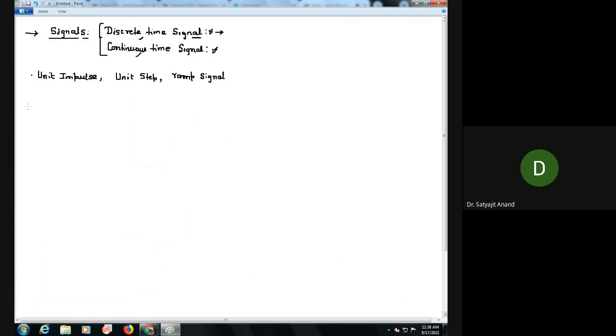So these three are the basic elements for continuous time as well as for discrete. And next we also have to consider cosine and sine. These two signals are also elementary signals.